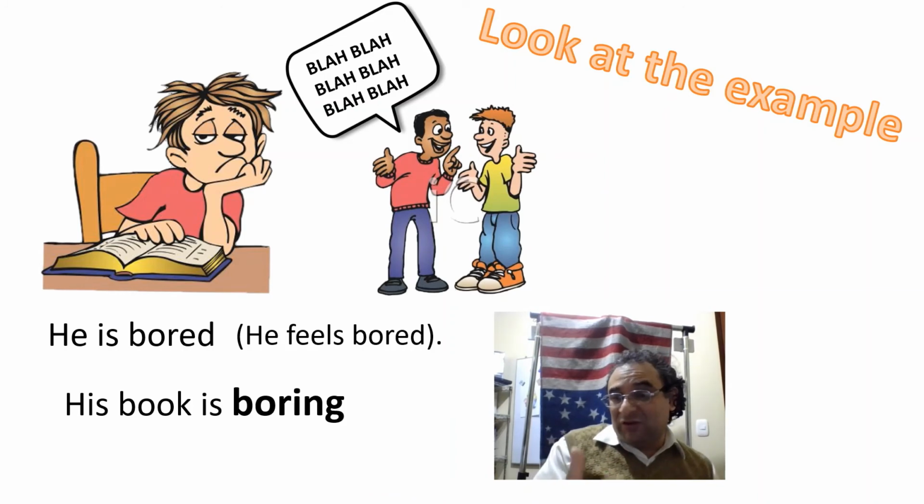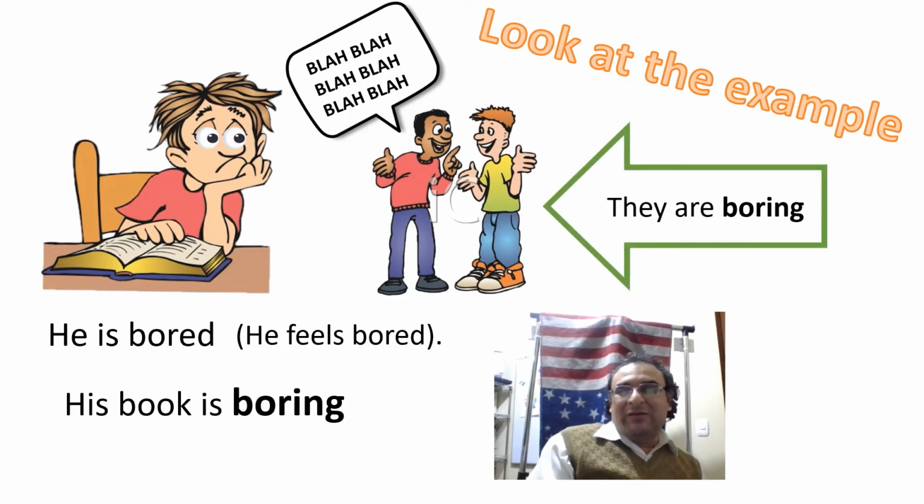Look at those people. No, can you describe those people? We can describe those people. Maybe they are boring. You see, so notice the difference between the feeling. This is a person that is feeling something, and that's why we say bored. And the book and the other people here talking blah blah blah blah, we are describing them.